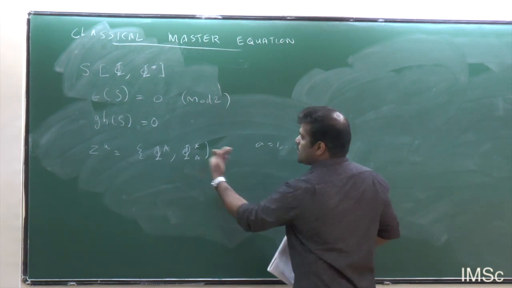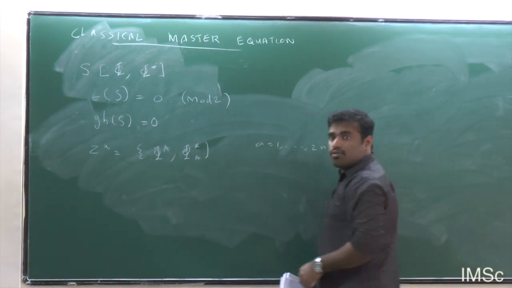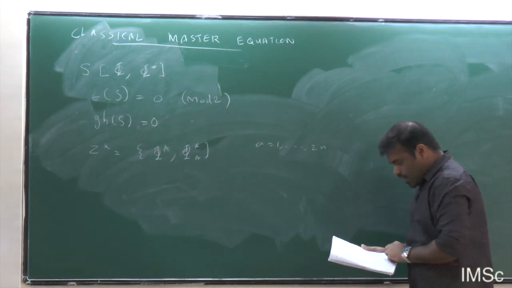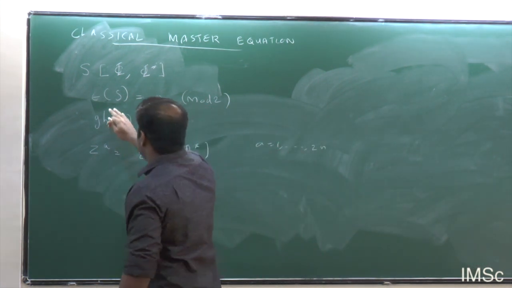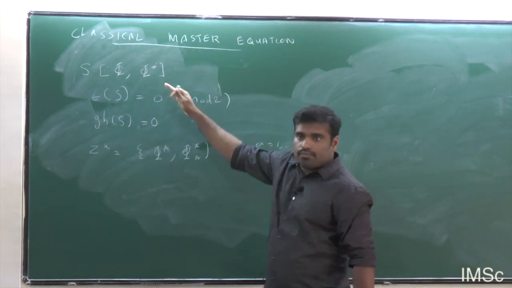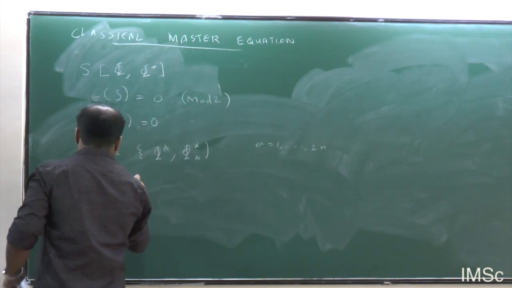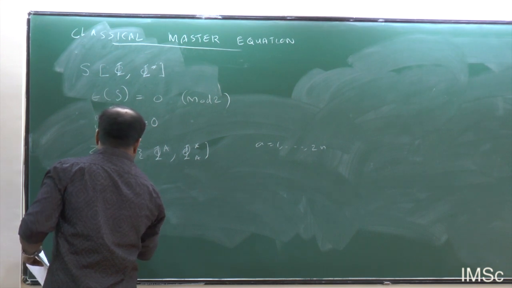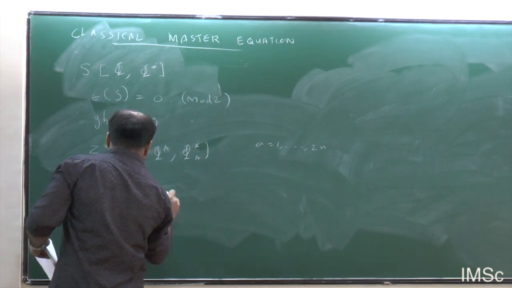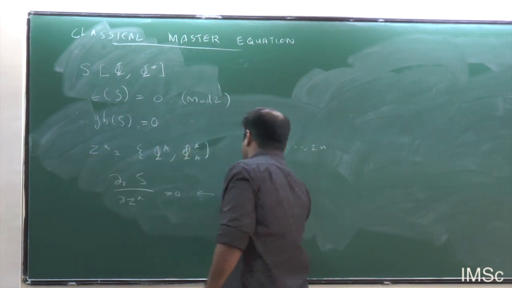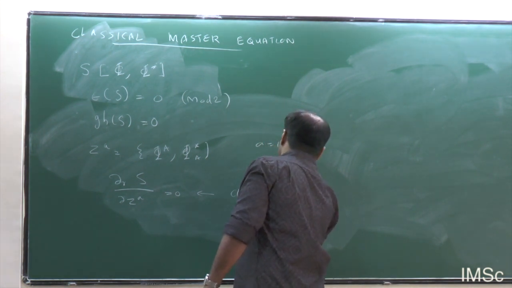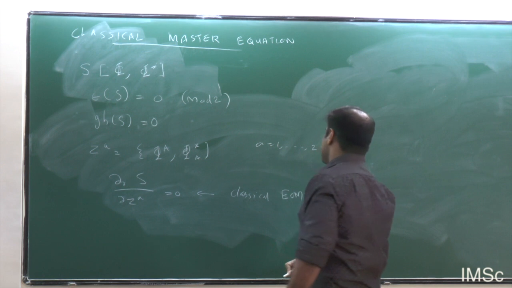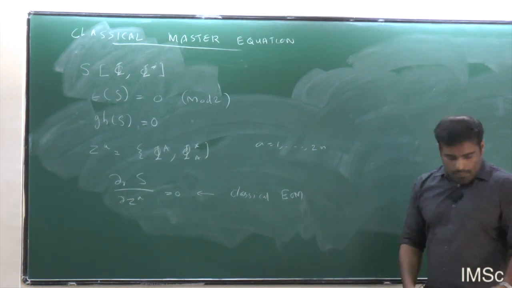Half of the CA denote fields and half of them denote anti-fields. In terms of this variable, you can write down the equation of motion for this action, and that's given by the right derivative of S with respect to CA equal to 0. This is the classical equation of motion for field and anti-fields.